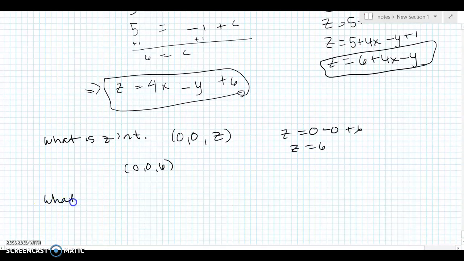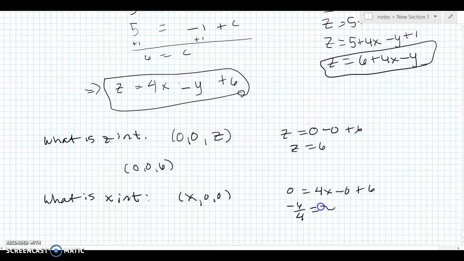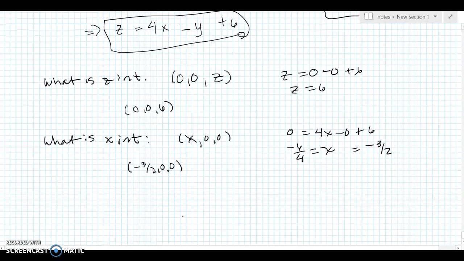You can solve for other intercepts as well. What is the x-intercept? Well, we're searching for x, and everything else is 0. Z is 0, so you have 4x minus y plus 6, so you have minus 6 fourths equals x, and that's minus 3 halves. So the x-intercept would be minus 3 halves, 0, 0. You can also find the y-intercept.